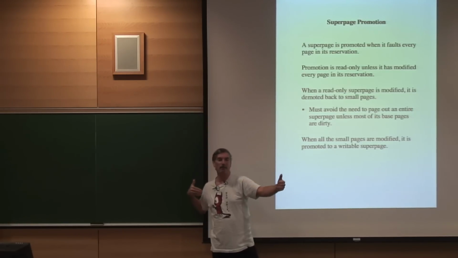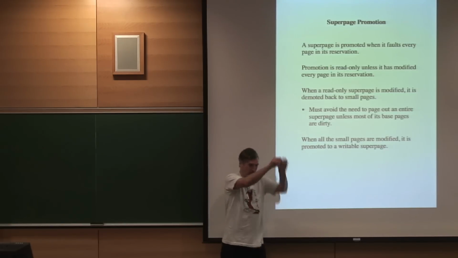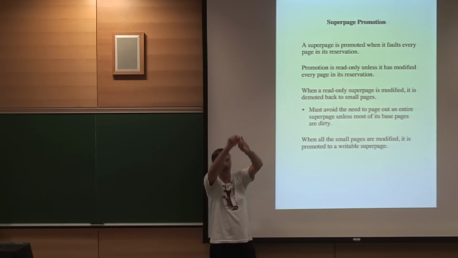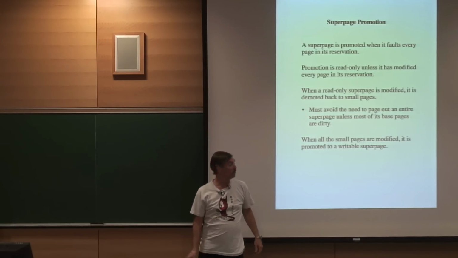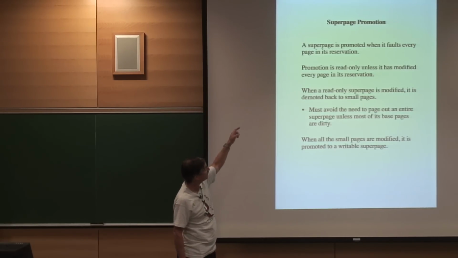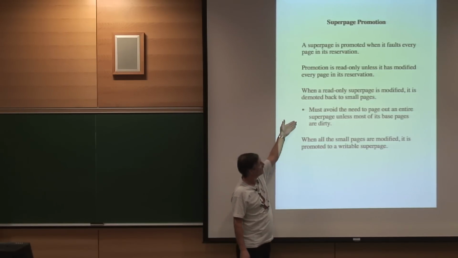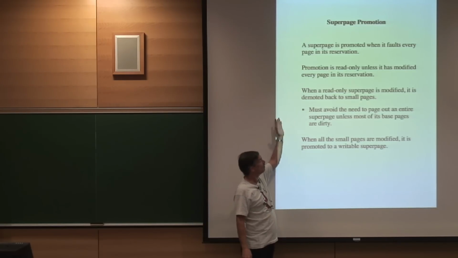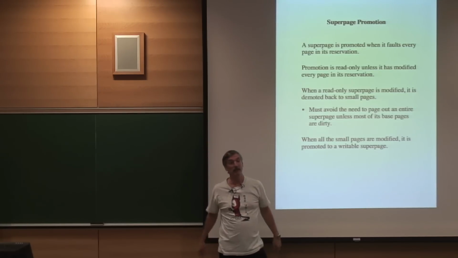Or it's something like a matrix multiplication, where you're constantly walking through and modifying everything all over the place, in which case a read-write superpage is, again, a sensible thing to have. Okay. Again, the key takeaway here is that we cannot be having to write the entire superpage just because something tiny has been changed on it.